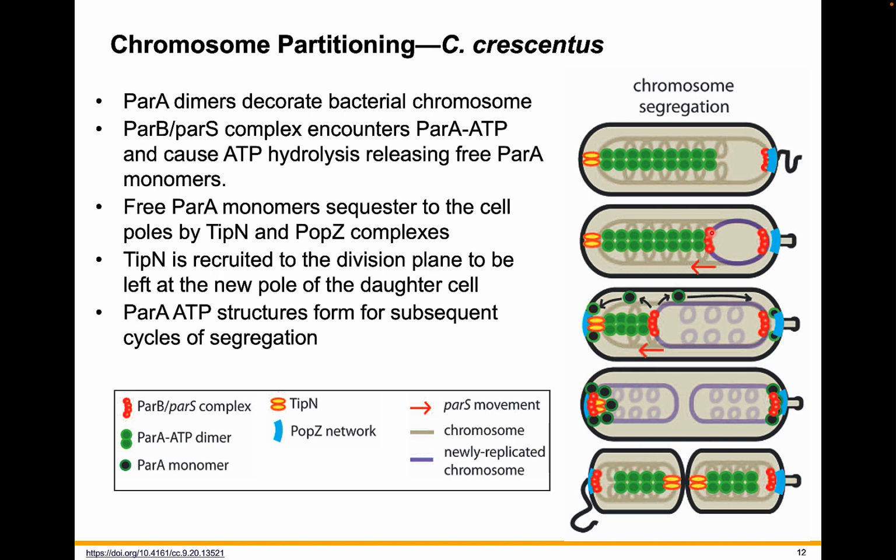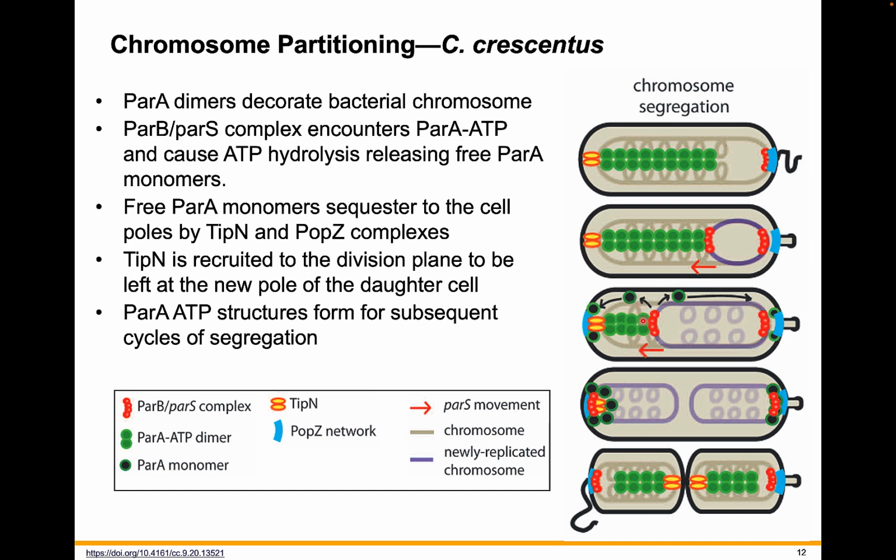So what happens when the ParS site and the ParB protein interact with the ParA dimers, these ParA dimers dissociate essentially, and the ATP is hydrolyzed, and they become ParA-ADP, which is in this black circle.